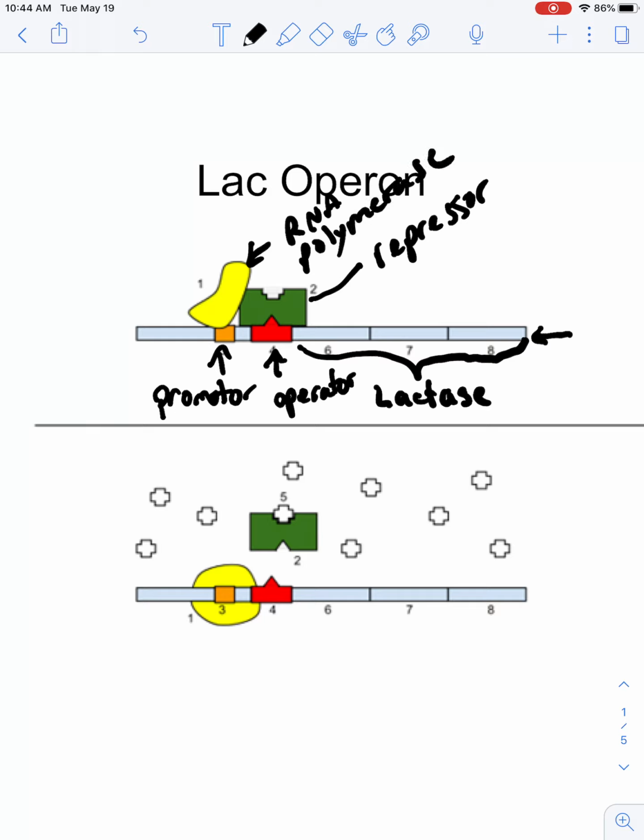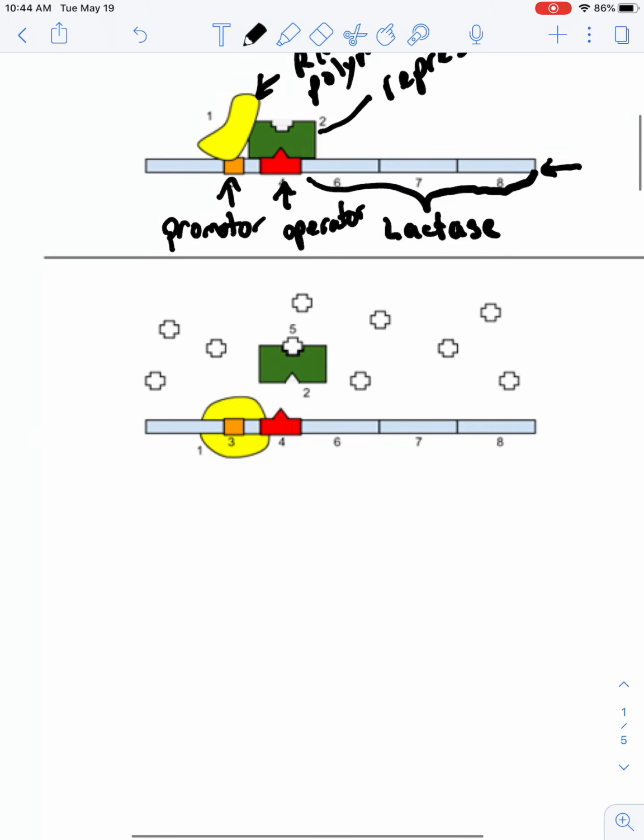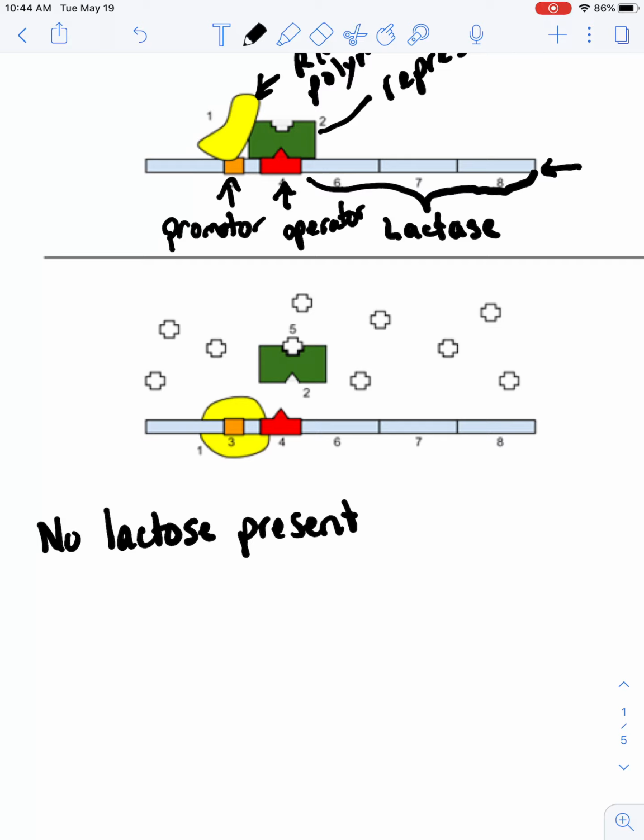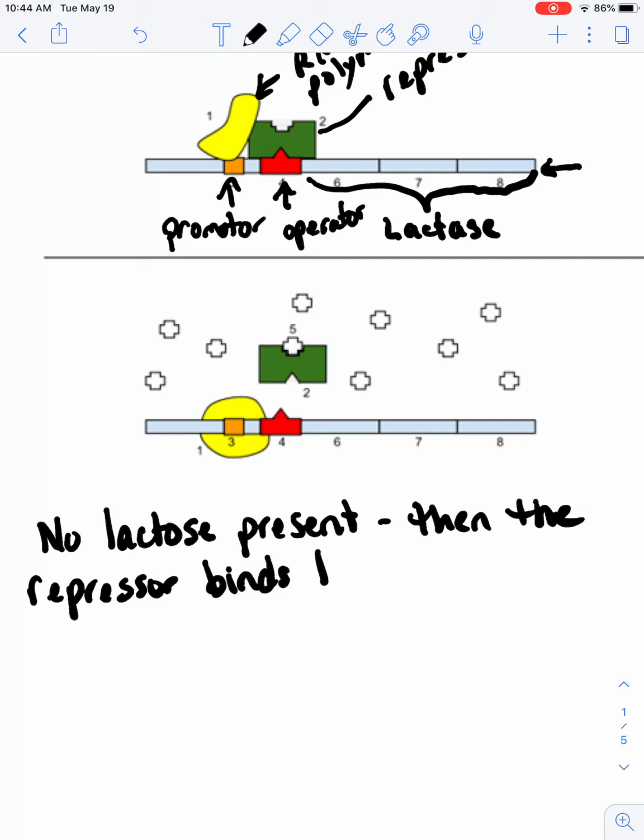Okay. So what is going on here is when there is no lactose, which is the sugar we need to break down, present, then the repressor binds to the operator.